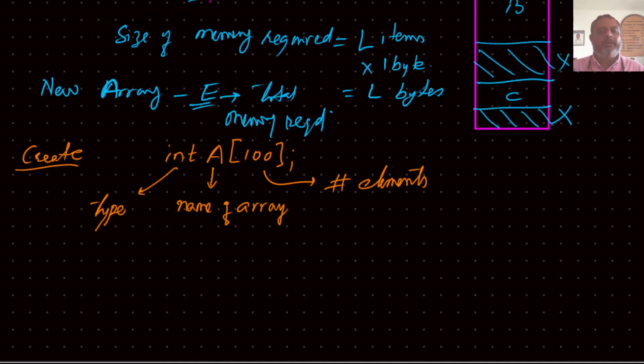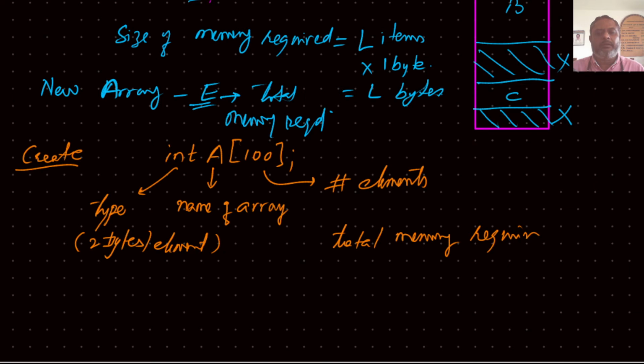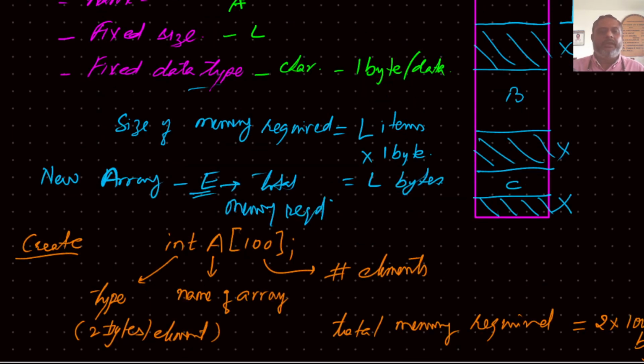In C, data type int requires 2 bytes of memory per element. So in all, the total memory required will be 2 into 100, that is 200 bytes. Done. So that's how it can be created.